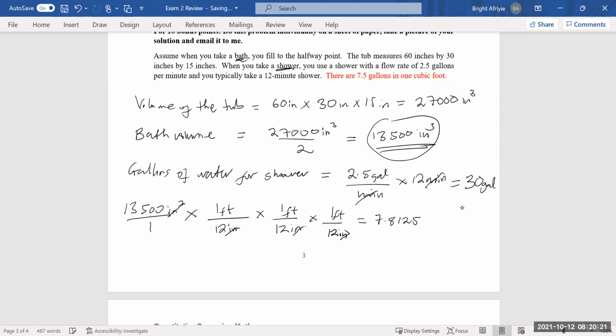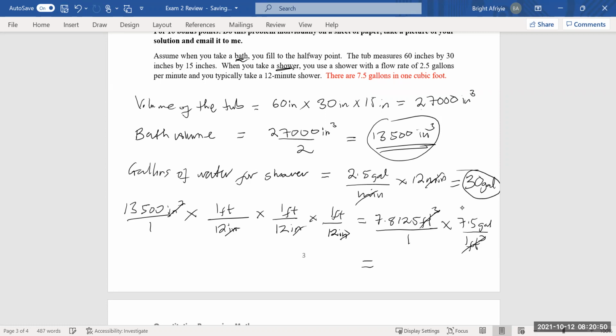7.8125 cubic feet. All right, but that wouldn't be our final stop, because we want to compare, so we want to change into gallons. We know that 1 cubic foot is 7.5 gallons. So we are going to multiply this, because this is in gallons per 1 cubic foot, so that this will take care of that.